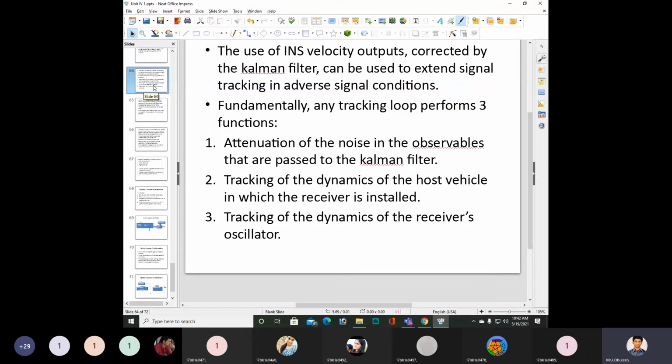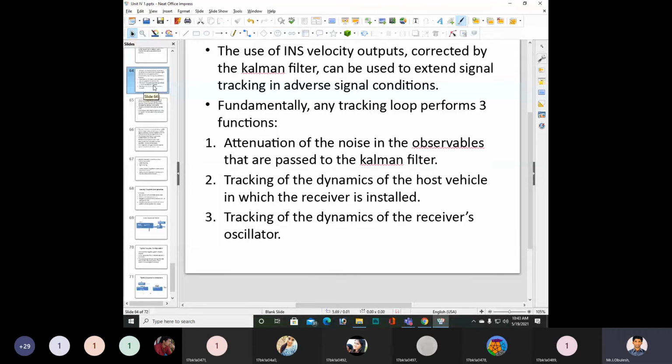One is attenuation of the noise in the observables, as opposed to the Kalman filter. Second is tracking of dynamics of the host vehicle.